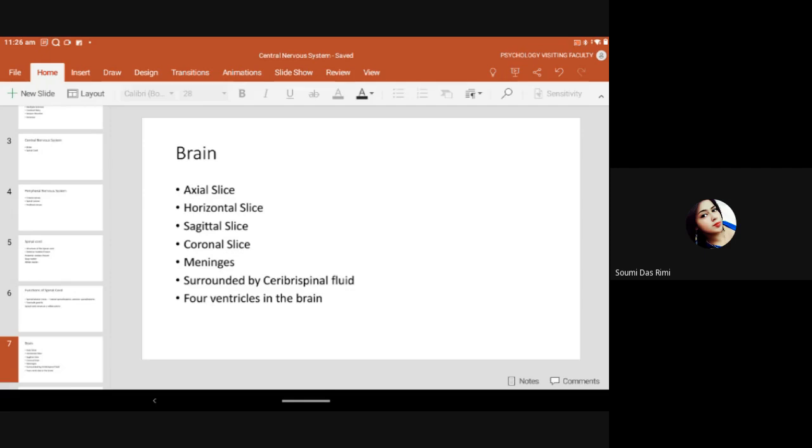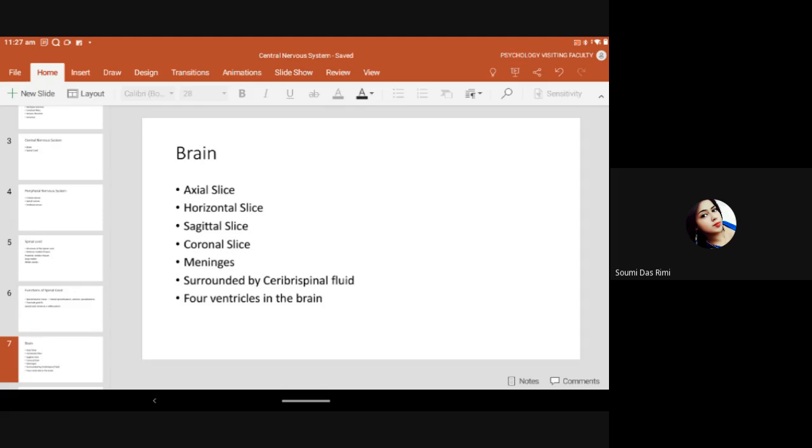So what are they? I will tell you in brief. The slicing sideways across the brain so that the left and right hemispheres are exposed is known as the axial slice, and it is also called a horizontal slice, because it is a horizontal cut across the brain.